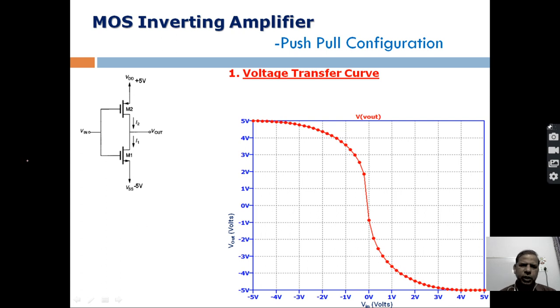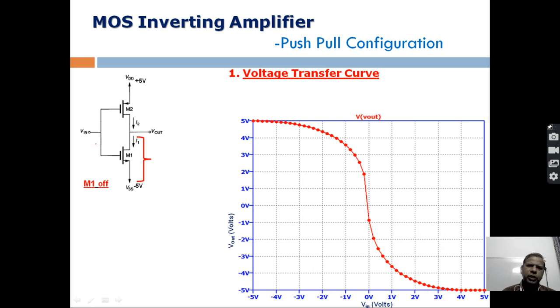Now we have to see the range of input voltages for which this device is in the off state, in the saturation or in the ohmic state. First we will see about this M1 device. This M1 device will be in the off state for a very small range of input voltage, and you know what that range is.